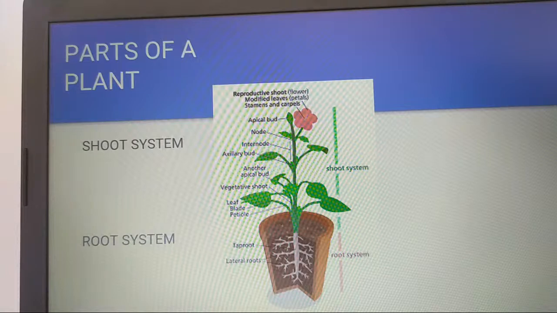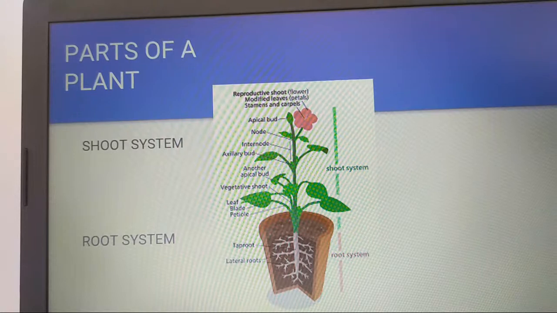The part of a plant that grows below the ground is the root system, and it mainly consists of roots.